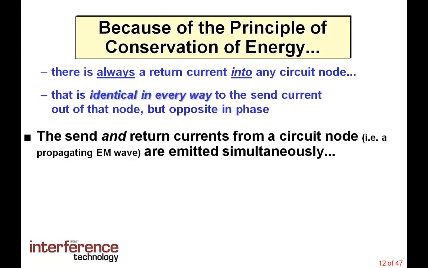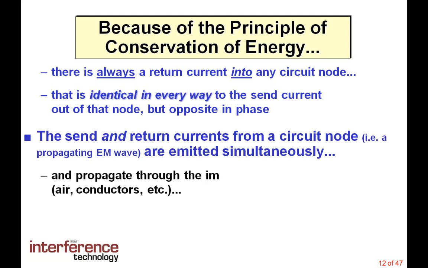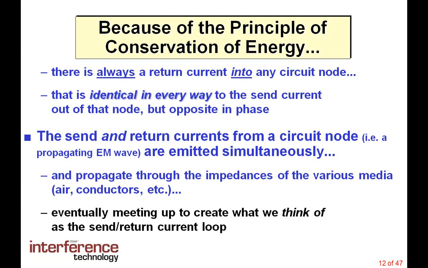Now, the send and the return currents from a circuit node, in other words, a propagating electromagnetic wave, are emitted simultaneously and propagate through the impedances of the various media, air, conductors, and so on. Eventually, they meet up to create what we think of as the send and return current loop. Now, maybe like me, you grew up as a circuit designer and you're very familiar with current loops.